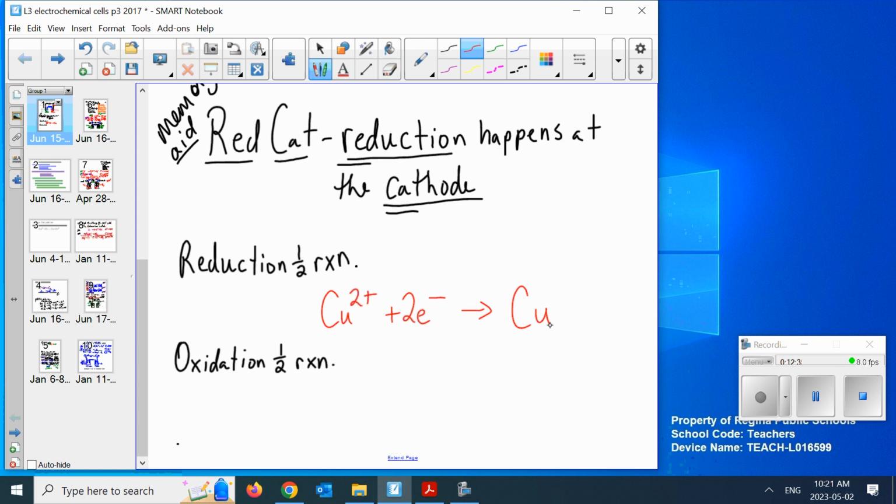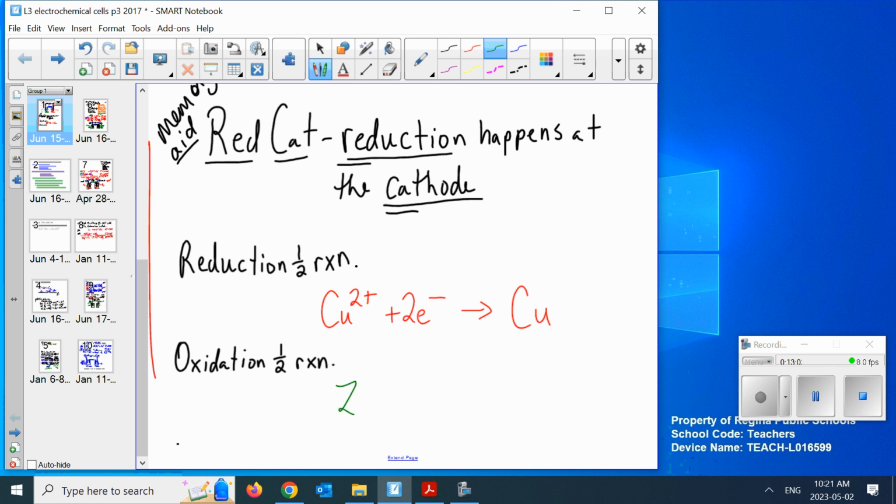Information we've already figured out. Then obviously the zinc is the oxidation half. We have the memory aid: reduction happens at the cathode, oxidation happens at the anode. So in that one, we have the zinc being eaten away. I think we're using green on those.